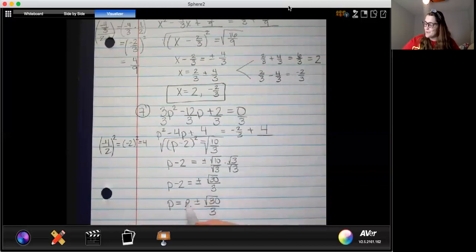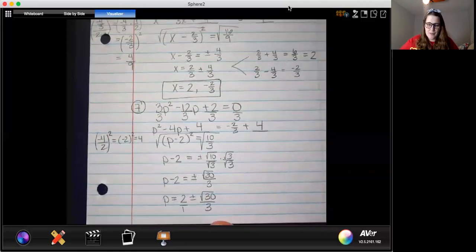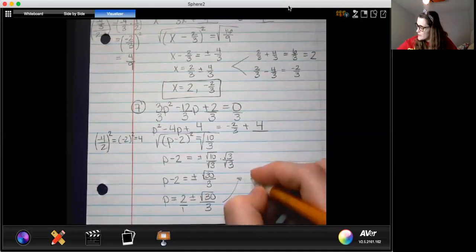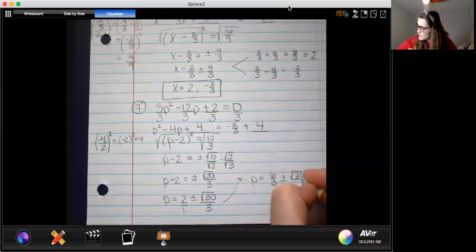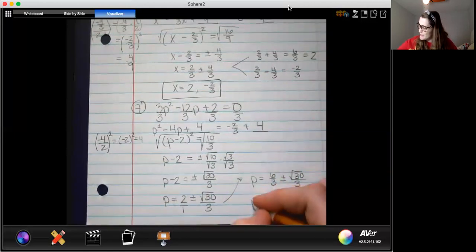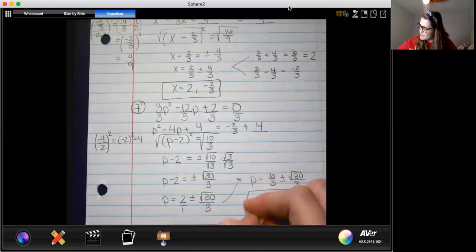So that means I need to multiply this whole thing by 3. Oh, and I've run out of room at the bottom, so we're going to go ahead and swerve over here. So that would be 6/3 plus or minus square root of 30 divided by 3. And now we'll go ahead and combine. So 6 plus or minus square root of 30 all divided by 3.